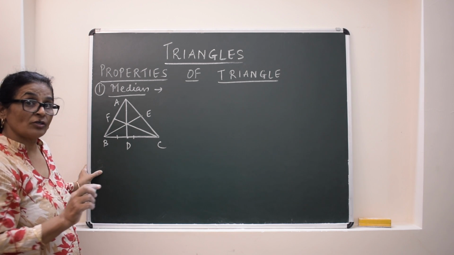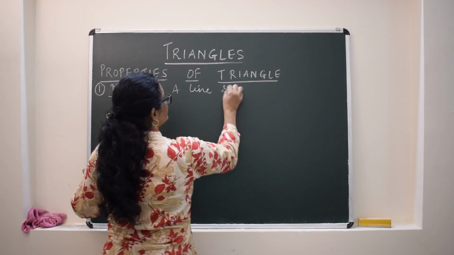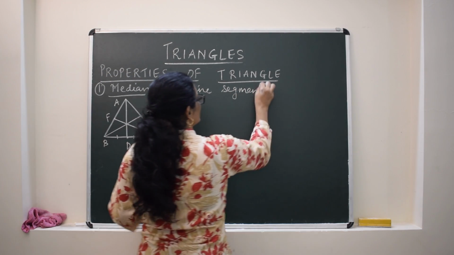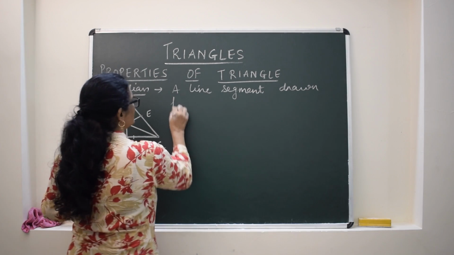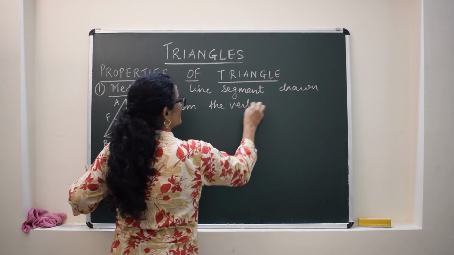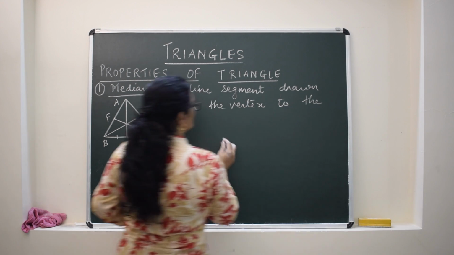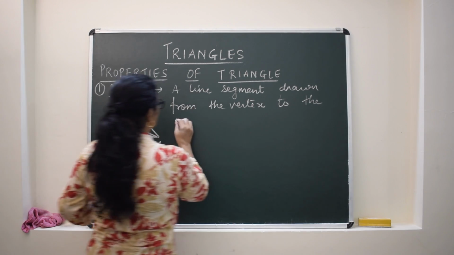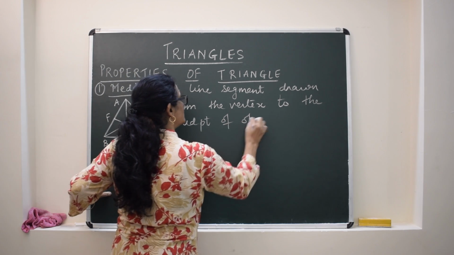So what is the definition of median? A line segment drawn from the vertex to the midpoint of opposite sides.